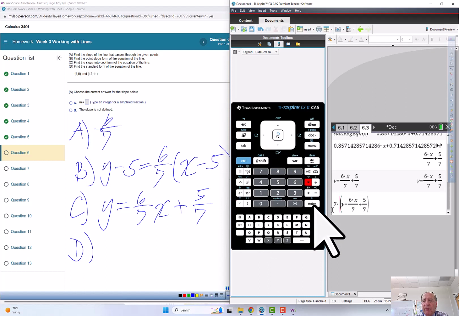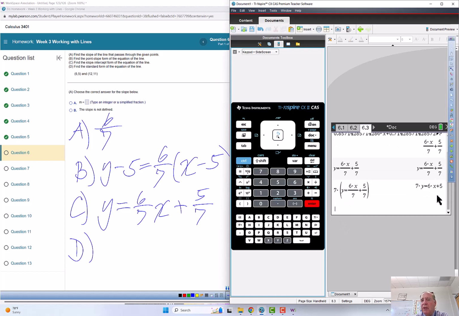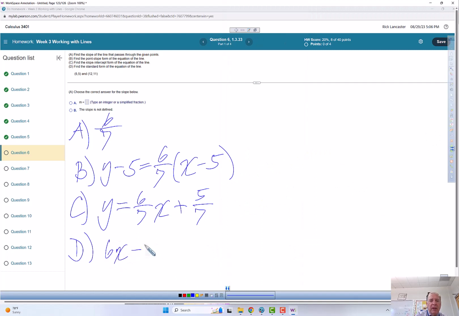So that gives me an expression that I can move the 7 over, make it negative, so I can get 6x minus 7y equals negative 5. So that's 6x minus 7y equals negative 5.